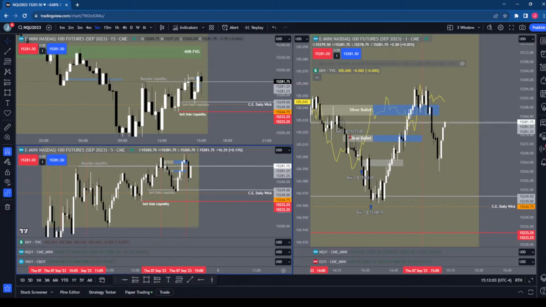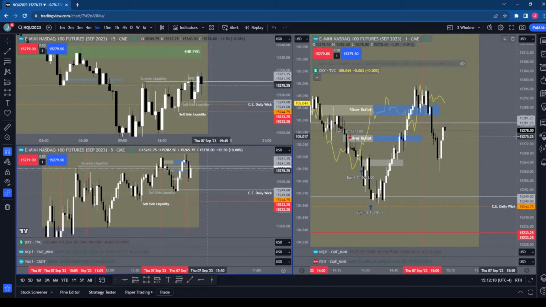If we were to come up and close above this up close candle, I wouldn't be interested in price for the rest of the day.